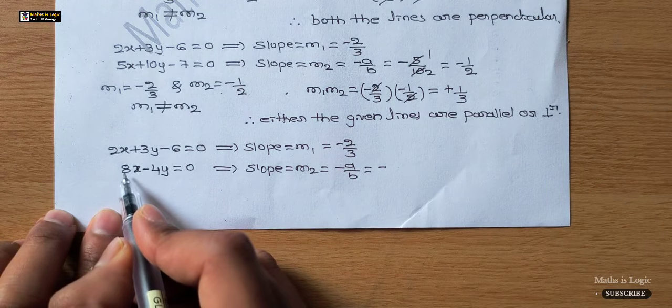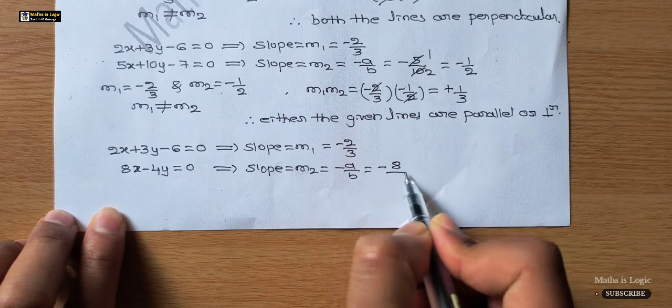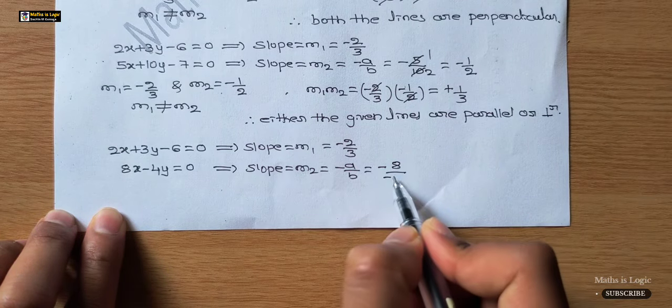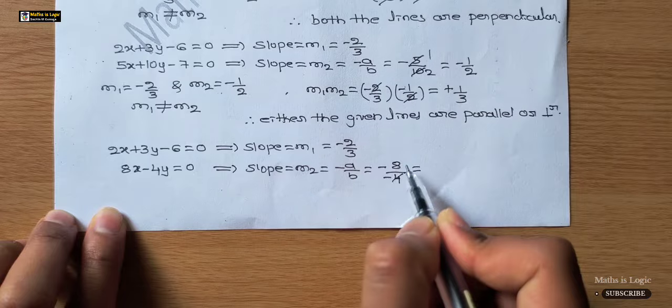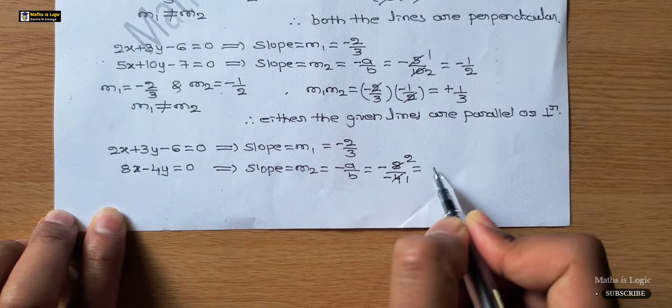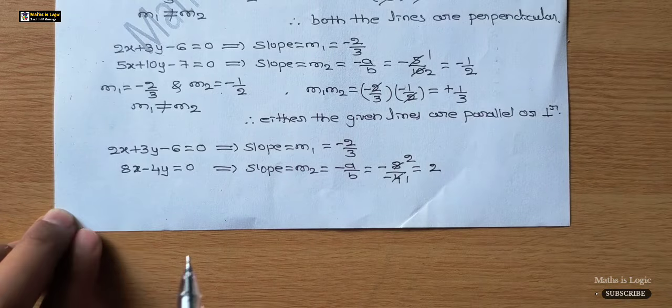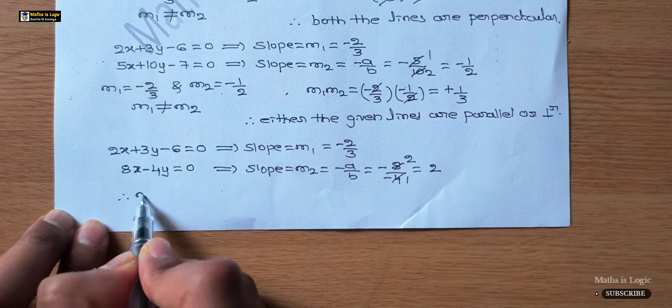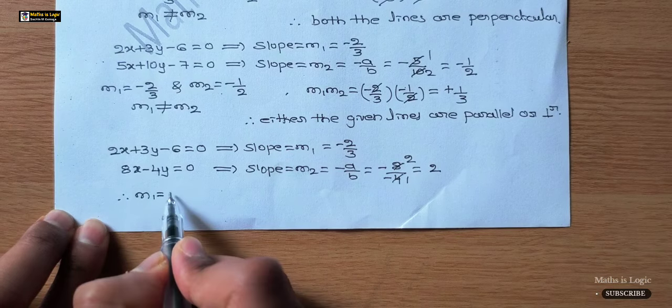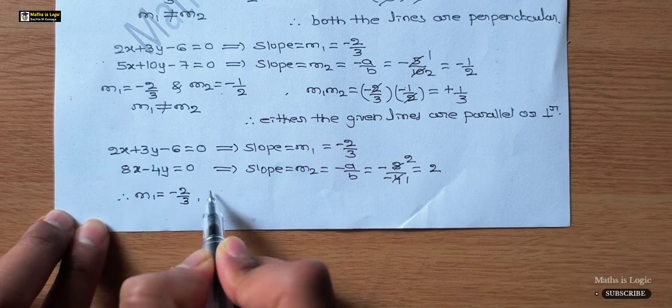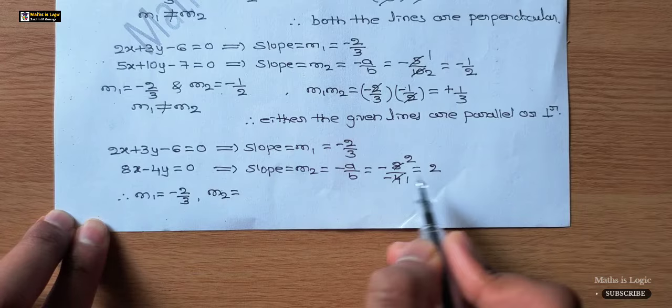So minus a is 8 divided by b is minus 4. So 4 ones, 4 twos, a minus divided by minus is plus 2. Finally m1 is equal to minus 2 divided by 3, m2 is equal to 2.